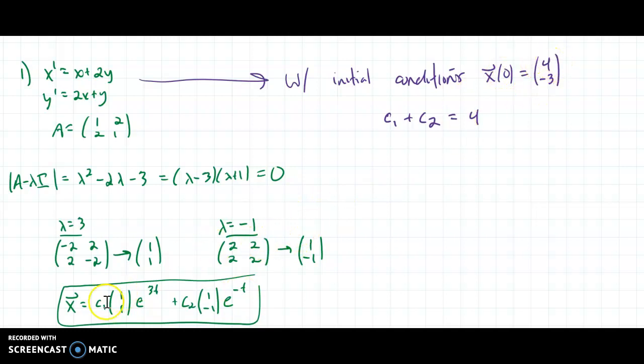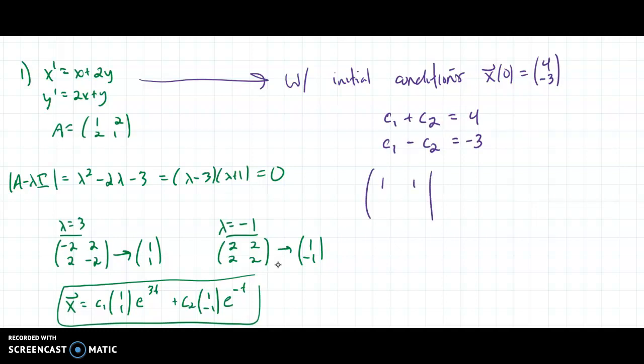That's this one. And then when I plug in 0 for this one, I get C1 minus C2 equals negative 3. Now again, I know that this one we can solve actually pretty easily with elimination. You might be able to do it in your head, but let's practice doing this with the calculator.